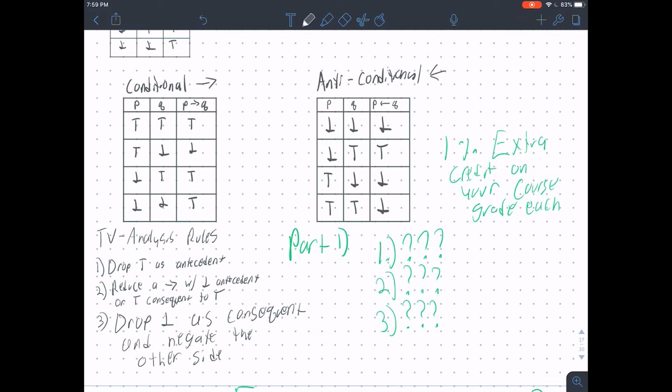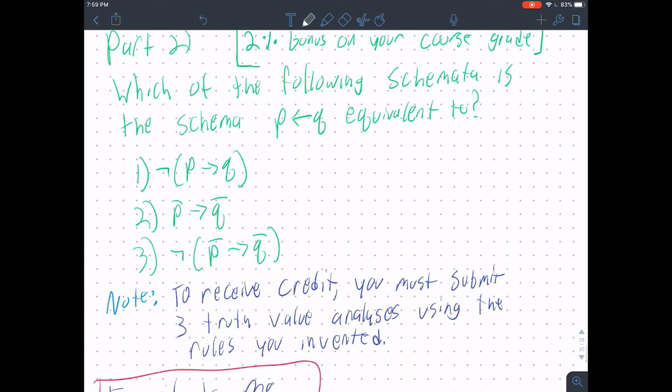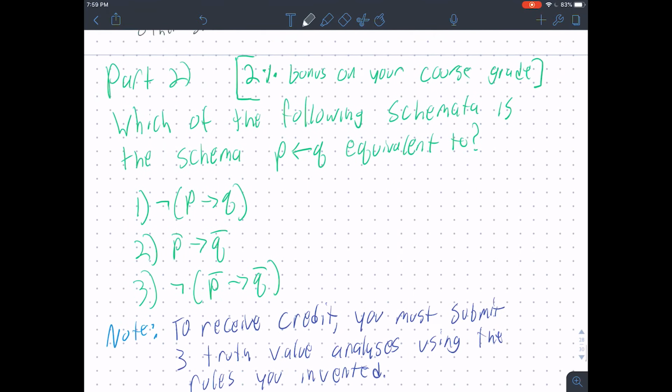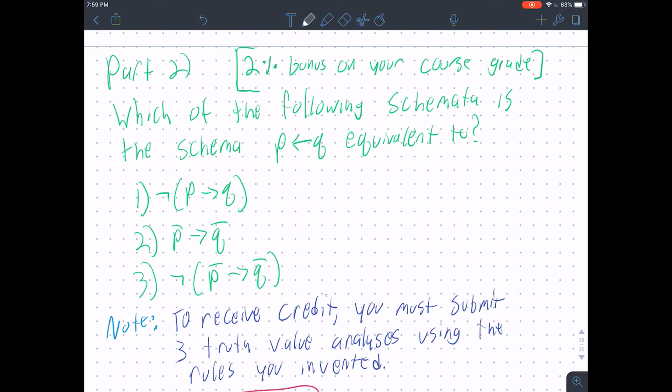Okay? So once you've done that, then I want you to use those rules to tell me which of the following schemata is equivalent to this schema using an anti-conditional. I always mix up the plurality of schemata. I'm sorry about that. I guess which one, because there's only one unless I've screwed something up horribly.